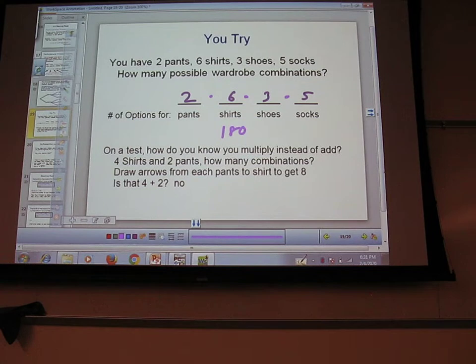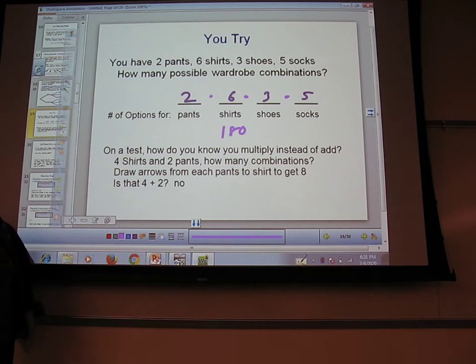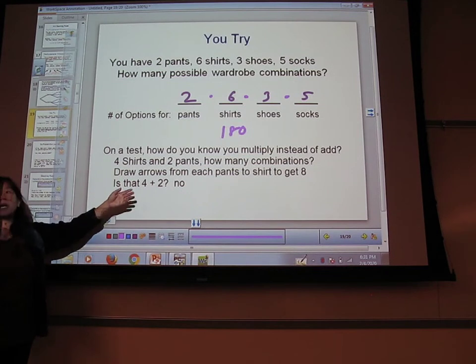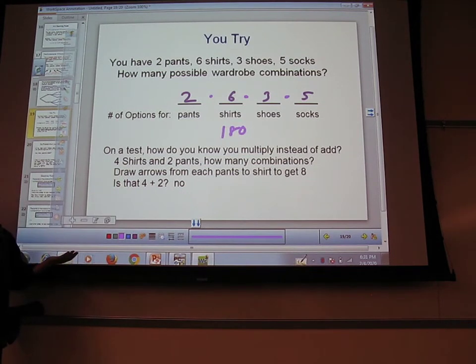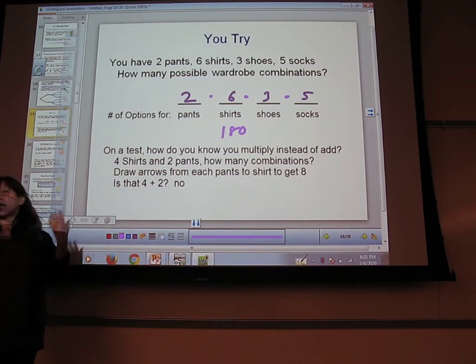On a test, when you're panicking and you're like, do I multiply or add? Just draw yourself a little tree with like 2 pants and like 3 or 4 shirts, right? And you can kind of count up and say, oh, 4 shirts, 2 pants. That's 8 options. How do I get from 4 and 2 to 8? Do I add? No. Multiply. Oh yeah, okay, it's multiply.